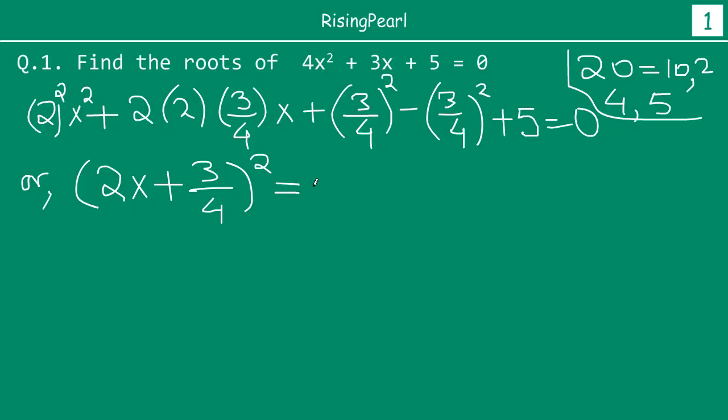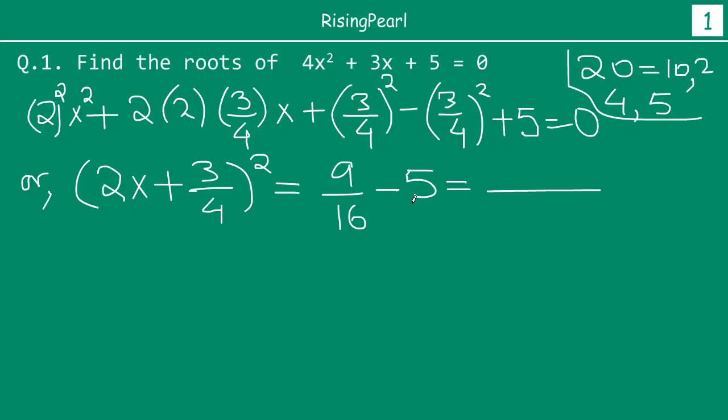So let's get these terms on the other side of the equality sign. So minus will become plus, 3 square will be 9, 4 square will be 16, and this plus 5 will become minus 5.